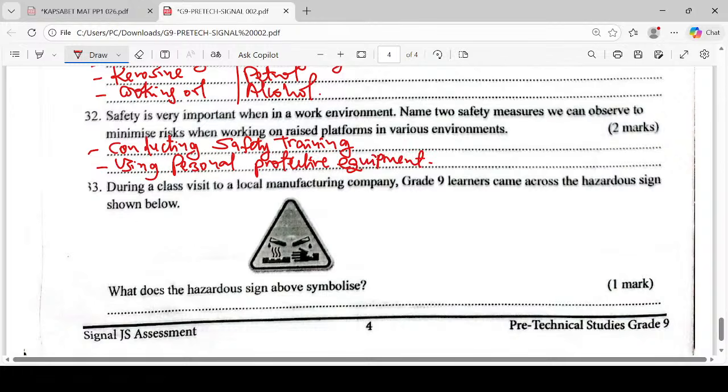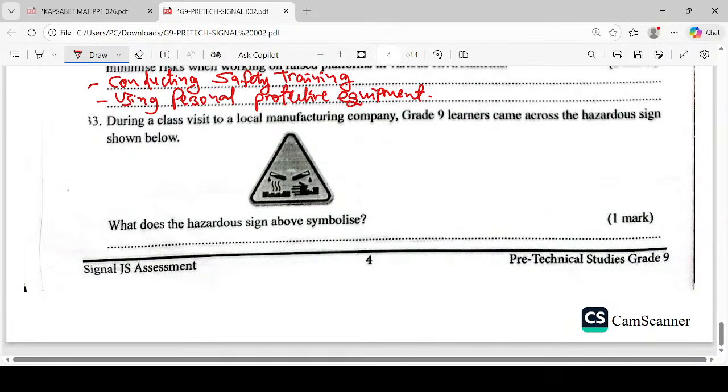We can also say maybe regularly cleaning, maintaining, and repairing equipment surfaces. Even maybe installing guard rails, storing raised platforms properly after use, using a slip-resistant safety wear such as boots or gloves.